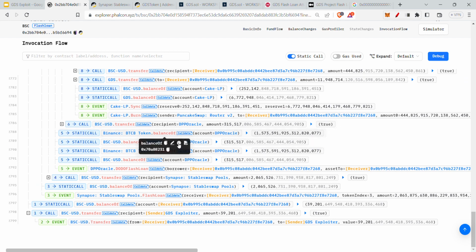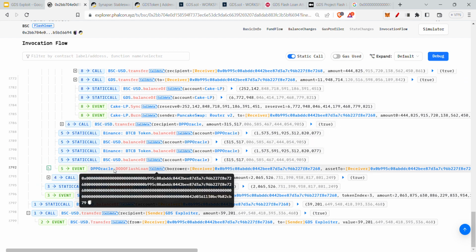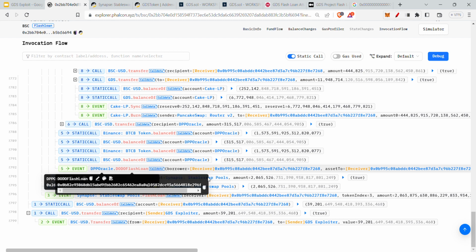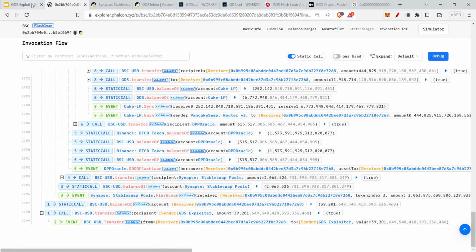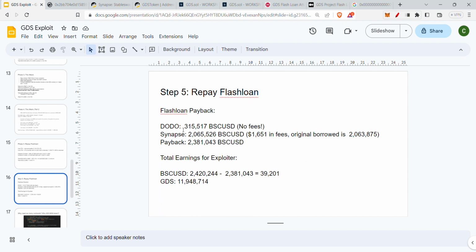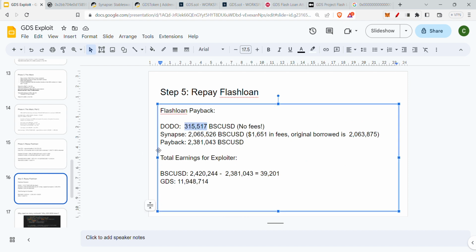Okay, then he calls Flashloan. This is the payback of the Flashloan. He pays back Dodo Flashloan for a total of 315,517. The original Flashloan that he took was 315,517.